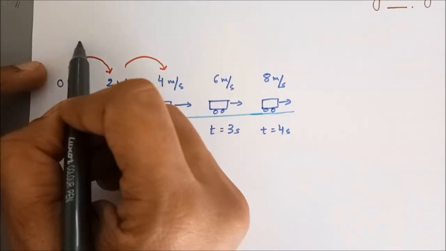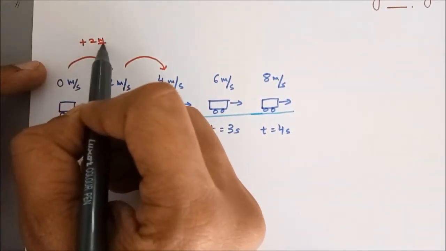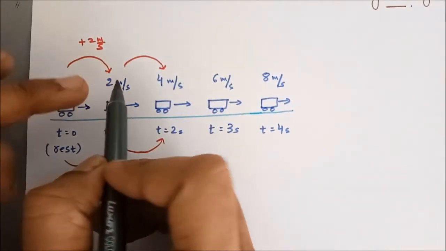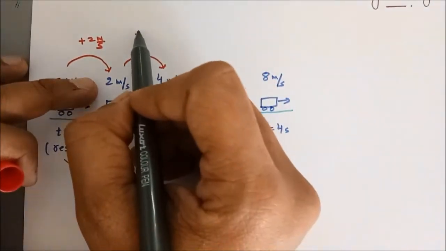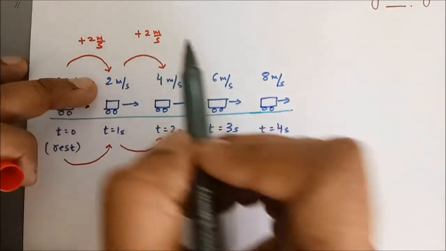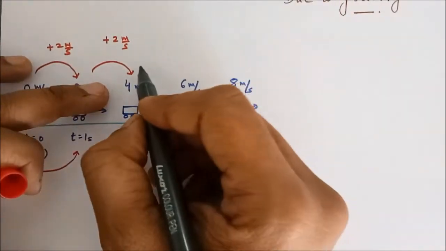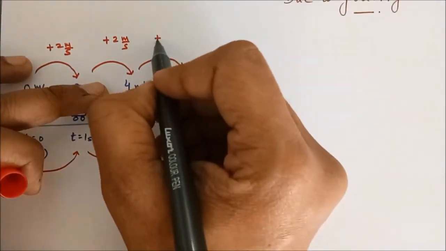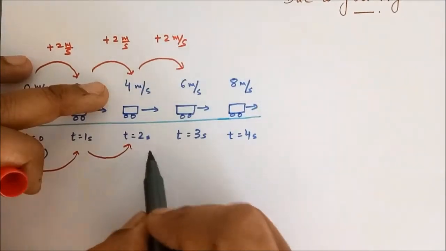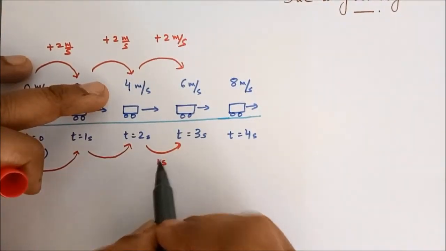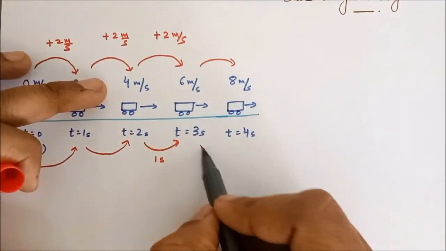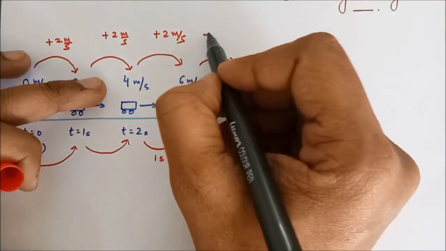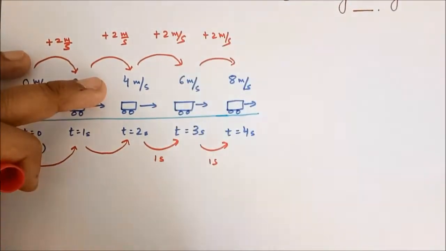So there is an addition of 2 meter per second in velocity from 0 to 2, and again from 2 to 4 there is an addition of 2 meter per second after 1 second. Again over here there is an addition of 2 meter per second after 1 second, and here also after 1 second there is an addition of 2 meter per second.